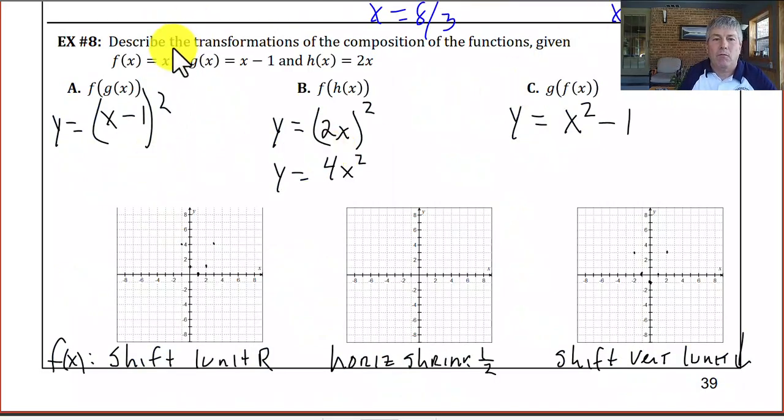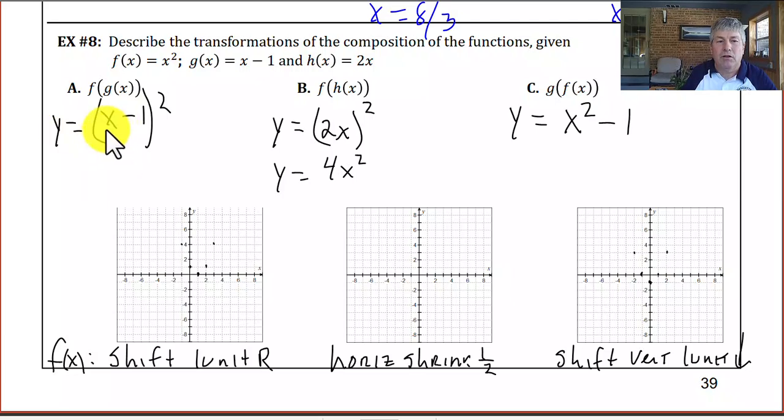In example 8, we're going to describe the transformations of the composition of functions given below. So we've got f of x equals x squared. That's our generic Joe parabola with a vertex at the origin. G of x is x minus 1, and h of x is 2x. And we want to find f of g of x. So we're going to put g of x, or x minus 1, into f of x.